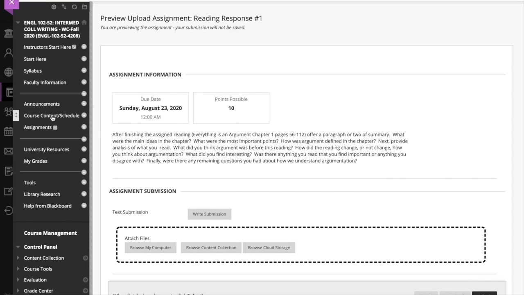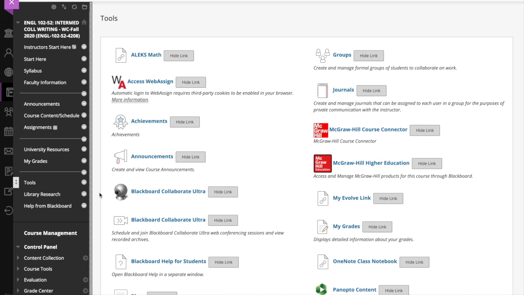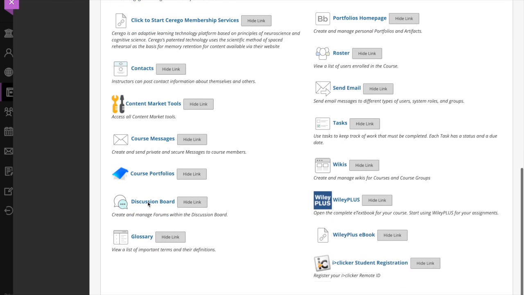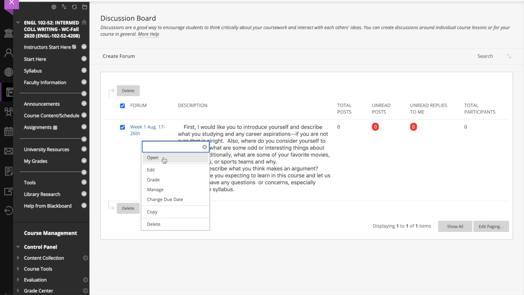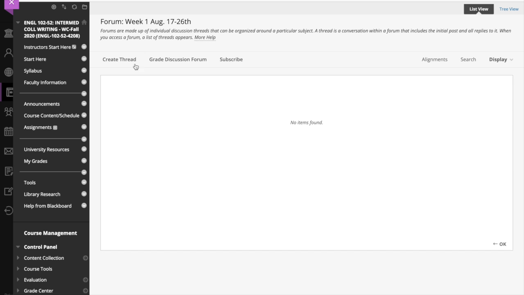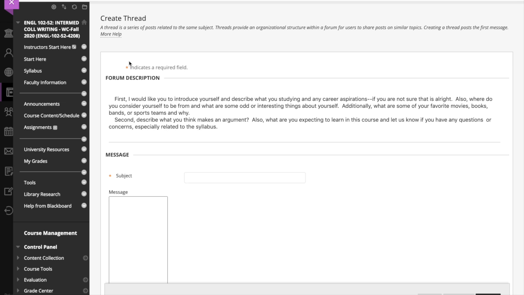In terms of the discussion board post, what you'll do, this is a little trickier. You will go to Tools, scroll down to Discussion Board. Now, you'll see right here that I have the prompt that I just mentioned that you'll respond to. What you will do is go to Open, and then you are going to go to Create Thread.